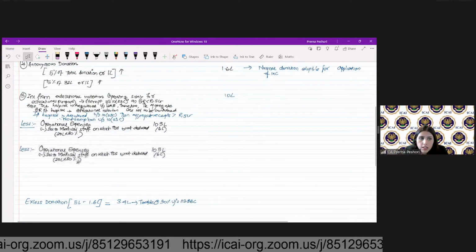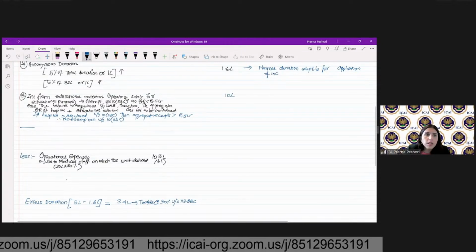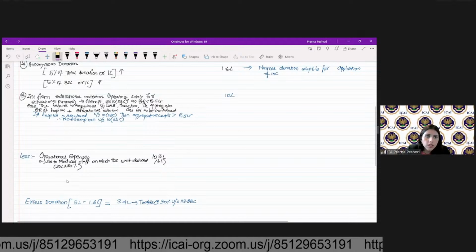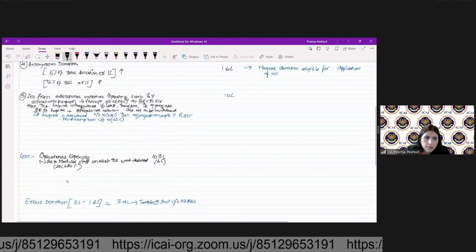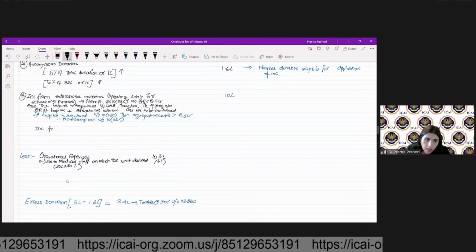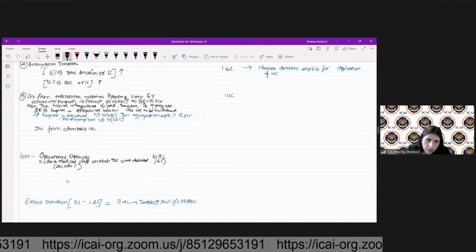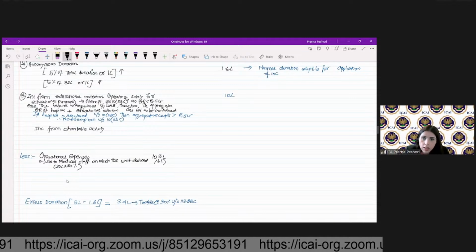So my income is coming to income from charitable activity.